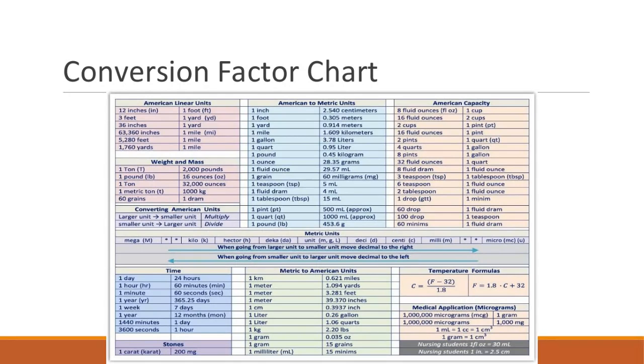this in order to give you the factors that you need, because a lot of them, especially if you look here at the American to metric units, metric is a very different system, and I'll start to explain that, but we don't convert very nicely. 1 inch is 2.54 centimeters, 1 foot is 0.305 meters, 1 yard is just over a meter. 1 mile is 1.609 kilometers.